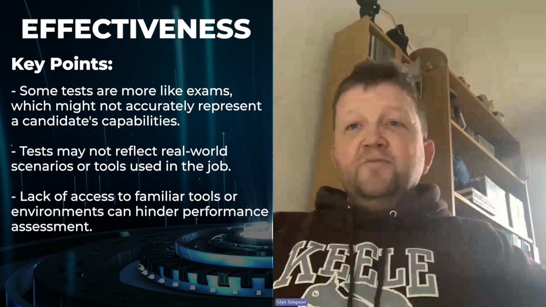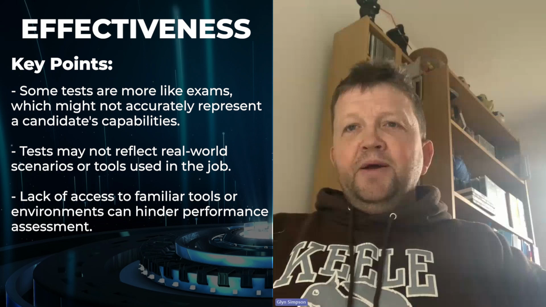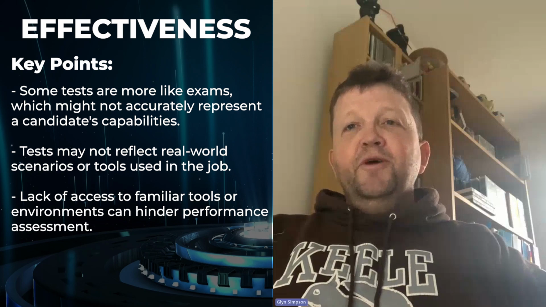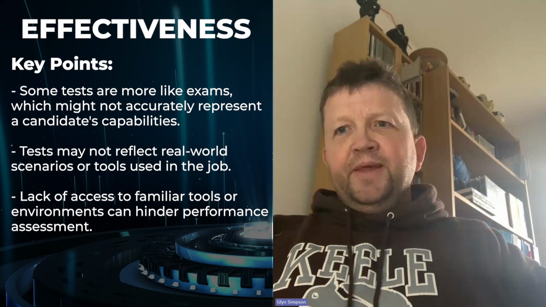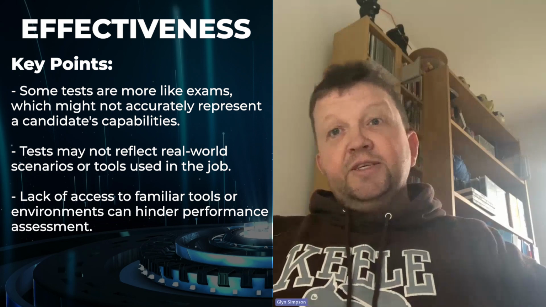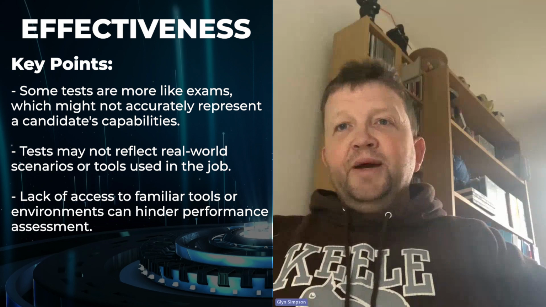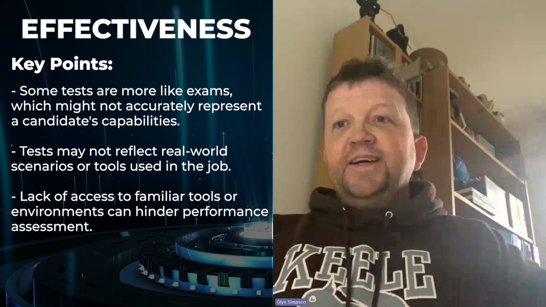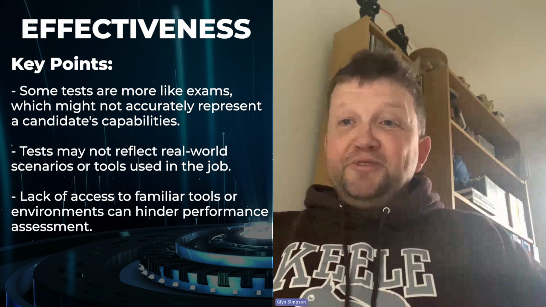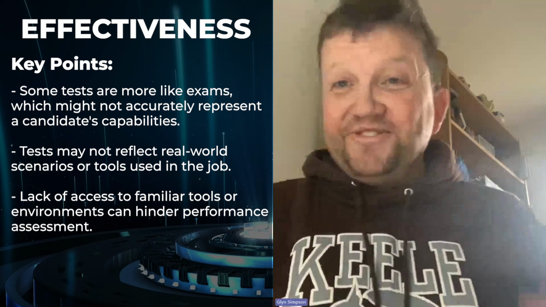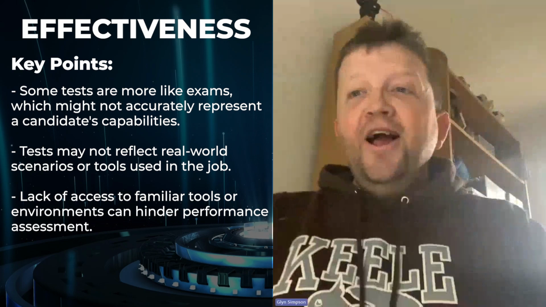I had one test in Visual Studio on a Macintosh, where I had to edit the hex codes for CSS. Where is the hash key on a Macintosh? I have no idea. I can't copy and paste because I've never used a Macintosh in my life. And he said, "You didn't do very well on that test."